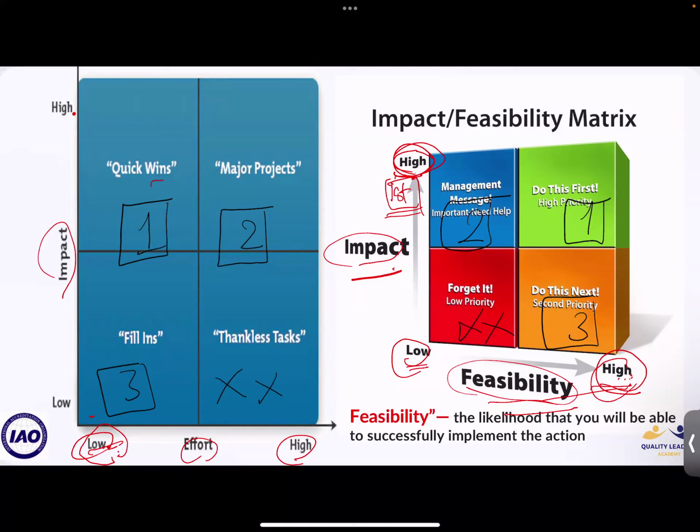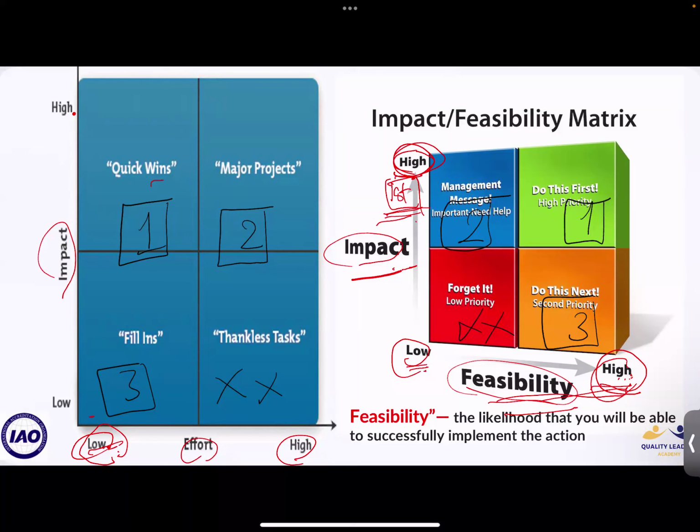How might the question be asked? The exam might give you a table with different solutions and ask which one you should work on first. The first thing you go for is always high impact and high feasibility. Then you move to high impact and low feasibility.